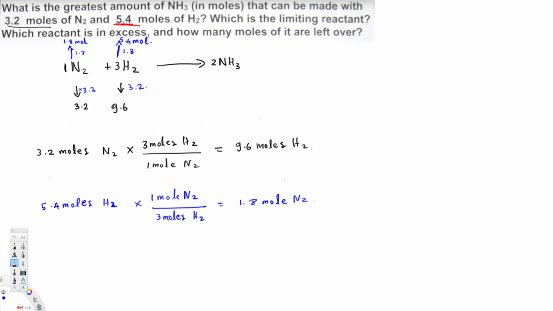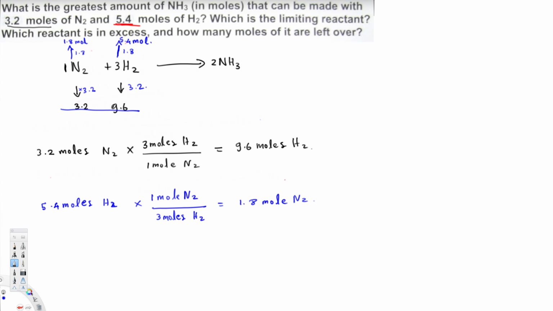But here we don't have enough moles of H2, right? We will run out of H2 if we use this one, and this one doesn't work. And this one will work because we have enough moles of H2 and enough moles of N2.